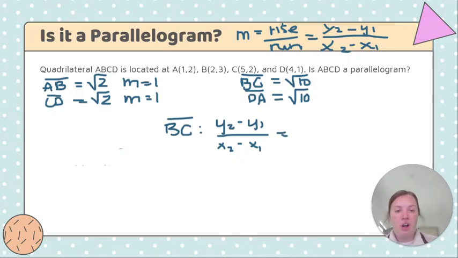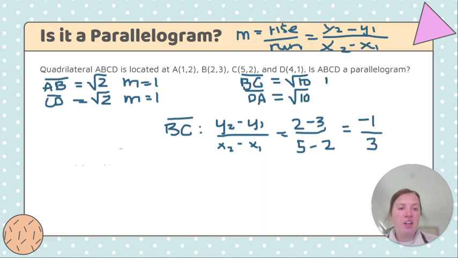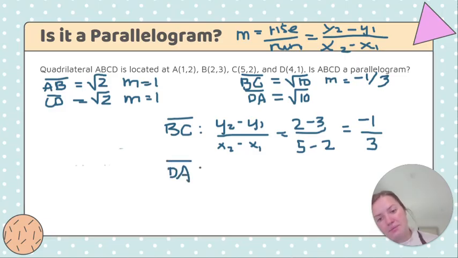So that means that we are working with 2 and 5, right? And B here is going to be my first point. So that is going to be what we're subtracting, and that's a 3 and a 2. So 2 minus 3 is -1. 5 minus 2 is 3. So we have a slope of -1/3.